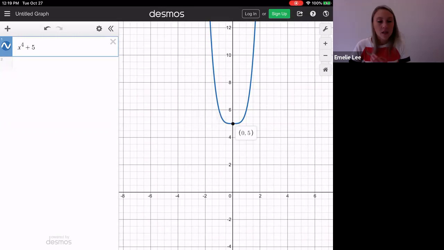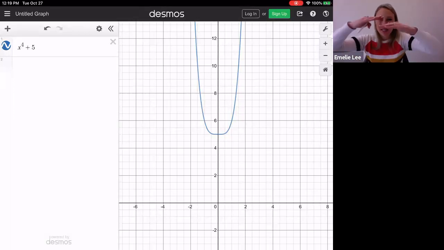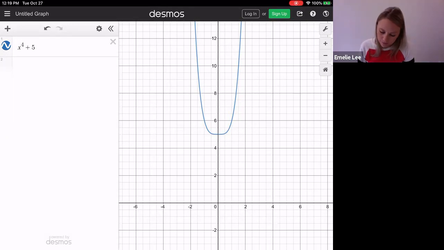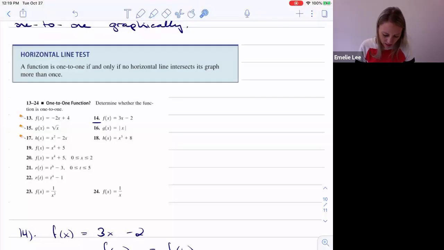Because of that, and also because if I draw horizontal lines across here, I'm going to cross more than once, it's not a one-to-one function. So that was x to the fourth plus 5. That's not a one-to-one function. That's okay, it happens. Not all functions are one-to-one, right? They don't have to be.